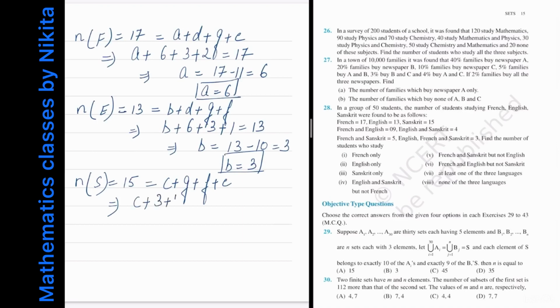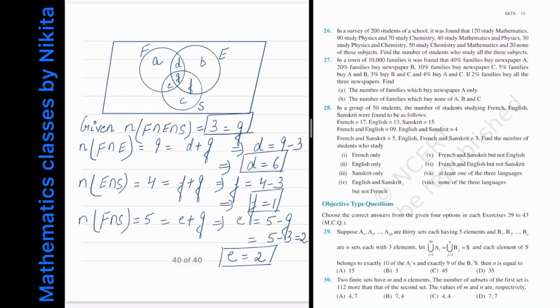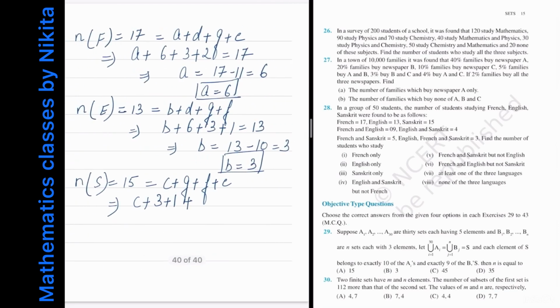What is F? 1. And what is E equal to? E is 2. So this is equal to 15, and this implies that C is equal to 15 minus 3 plus 1 is 4, 4 plus 2 is 6, 15 minus 6, which is equal to 9. So C is equal to 9.